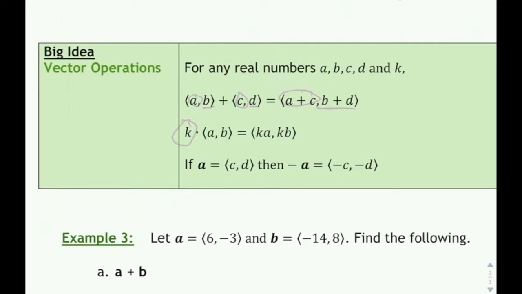If you're scaling your vector up, like doubling it, you can multiply your horizontal and vertical components times that value. And if you're changing the direction, doing the vector going the opposite direction, you can change your components' signs and you'll get the opposite vector.